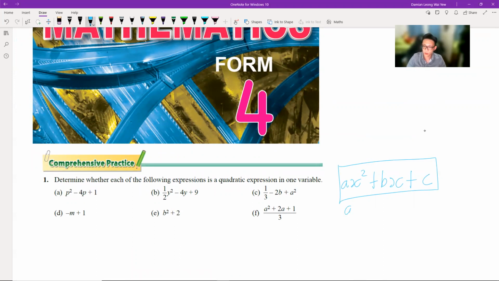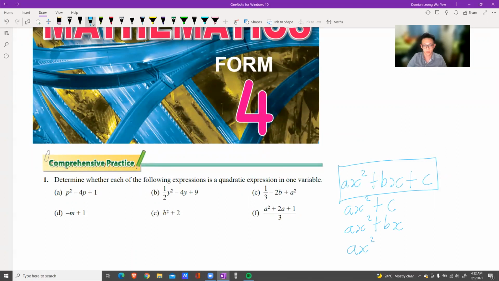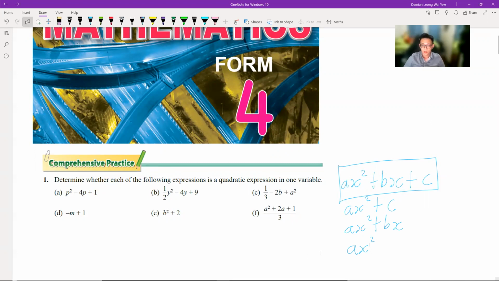So if b is 0, then I have ax squared plus c. If c is 0, ax squared plus bx, or if both are 0, ax squared. So all of these would still be a quadratic expression.